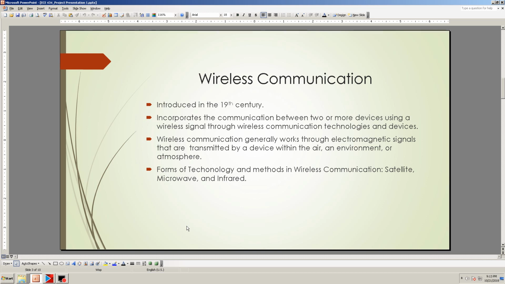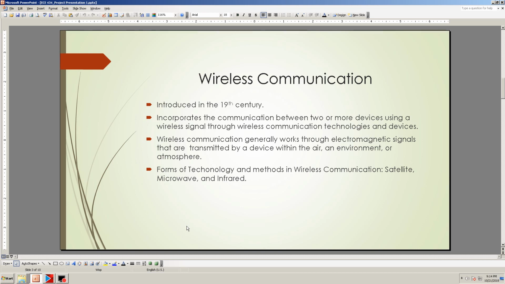This type of technology incorporates the communication between two or more devices using a wireless signal through wireless communication technologies and devices. Wireless communication generally works through electromagnetic signals that are transmitted by a device within the air, any kind of environment, or even an atmosphere.